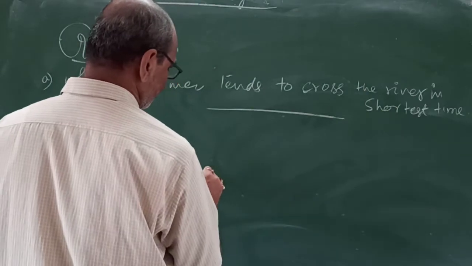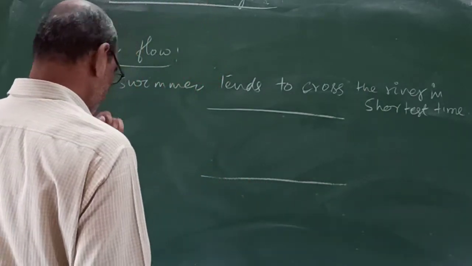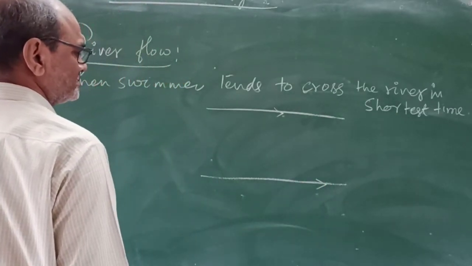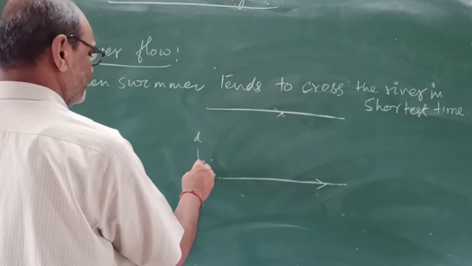This one is the river width. D is the width of the river.